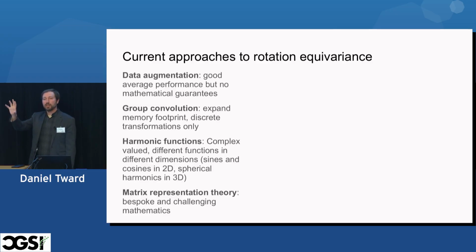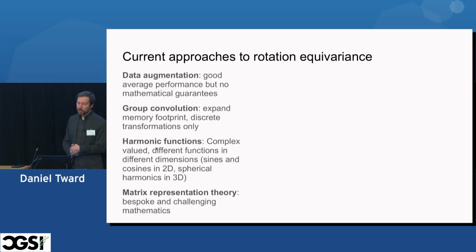The axes can point in one of 4 directions, and we can reflect them, which gives us 8. Now, expanding your memory footprint by a factor of 8 isn't so bad, but in 3D, we actually have 48 of these. And typically in 3D image analysis applications, we're already memory limited. So this type of approach doesn't work well, number one. And number two, it only applies to discrete rotations. So rotations by 90 degrees, but not rotations by an arbitrary angle.